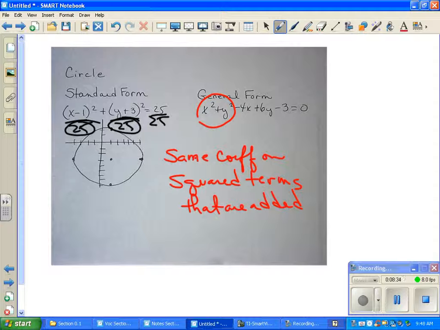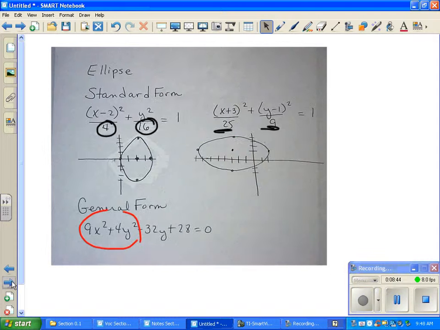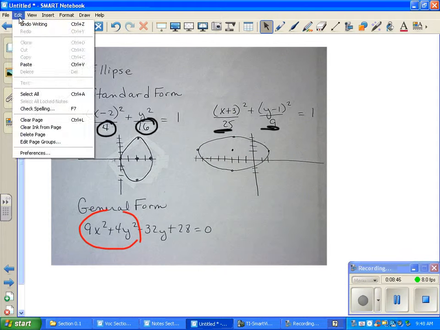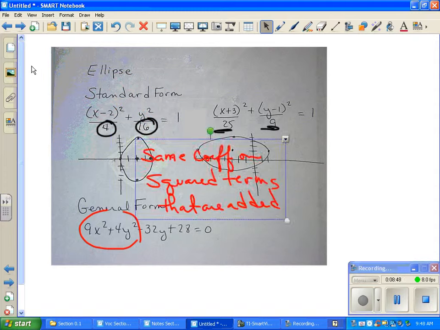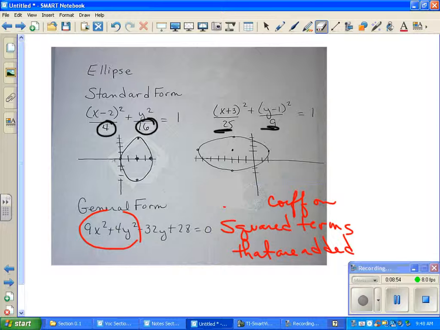And so the only difference between this and ellipse, I'm going to copy this. Okay, what word am I going to change for ellipse? Yeah, change the word same to different.